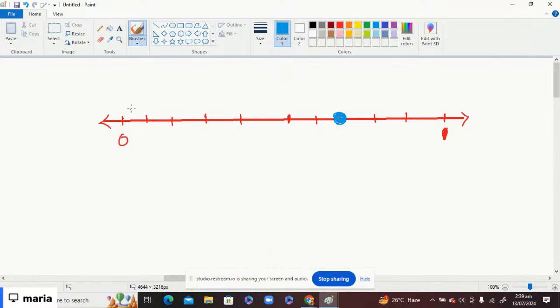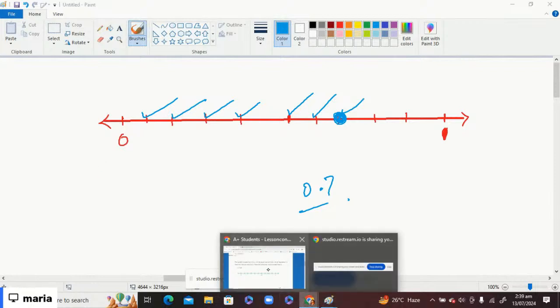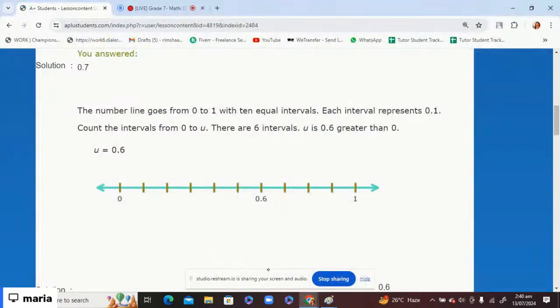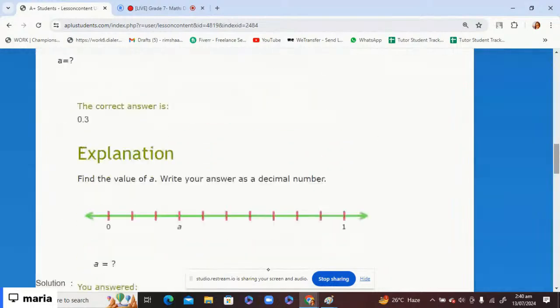You check 0.1, 0.2, 0.3, 0.4, 0.5, 0.6, and that is 0.7. You count all these small lines because from 0 to 1 there are 10 parts inside. Like look, 0, 0.1, 2, 3, 4, 5, 6, 7, 8, 9, and for the 10th place you put 1. Hope you guys understand this.